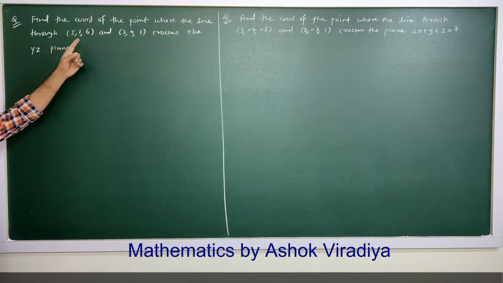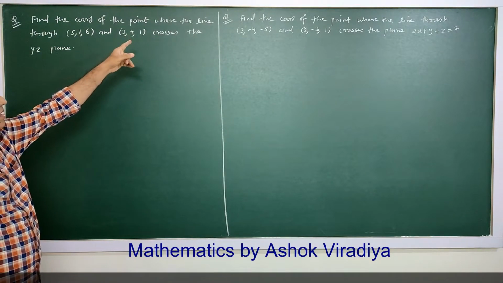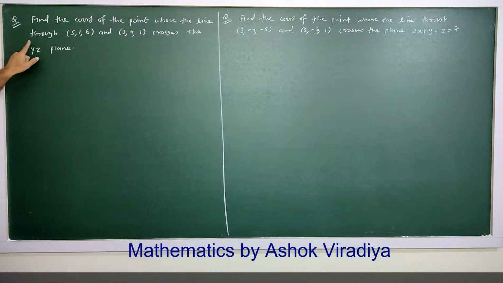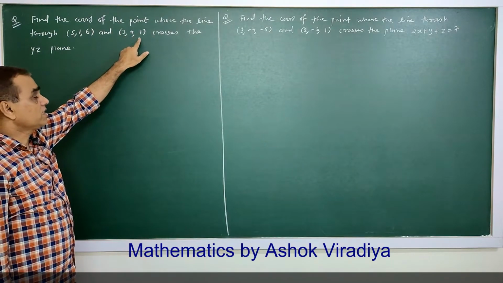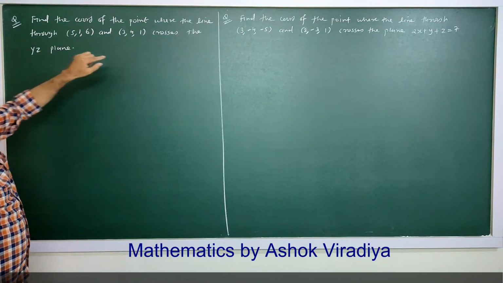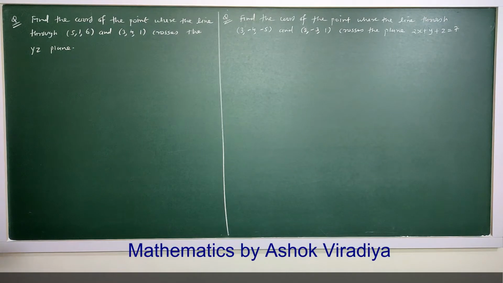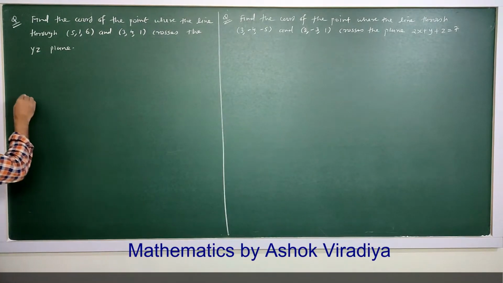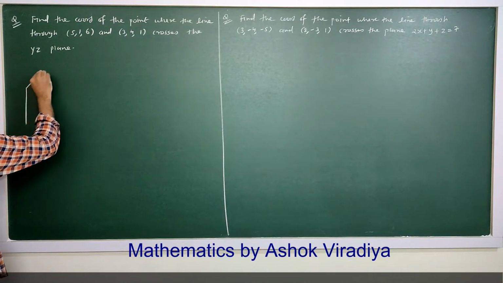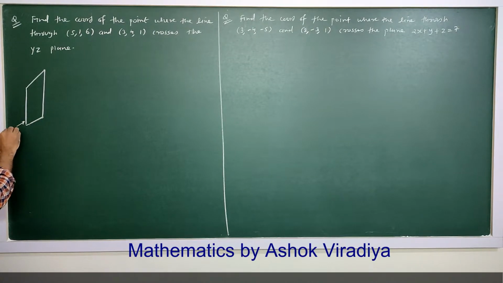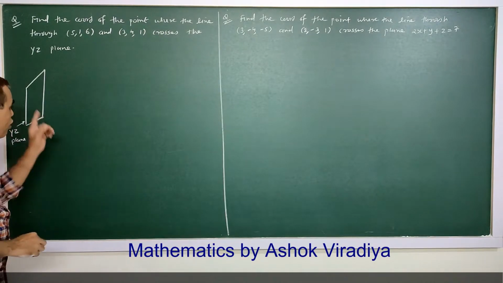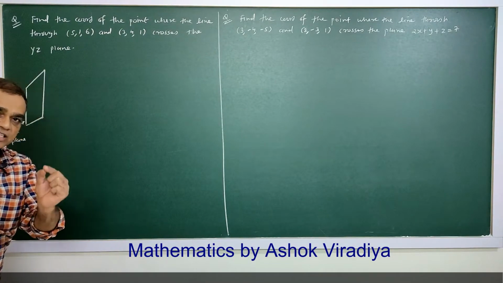Find the coordinates of the point where the line through (5, 1, 6) and (3, 4, 1) crosses the YZ plane. Say here, if this is the YZ plane, then every point on the YZ plane has x coordinate 0.